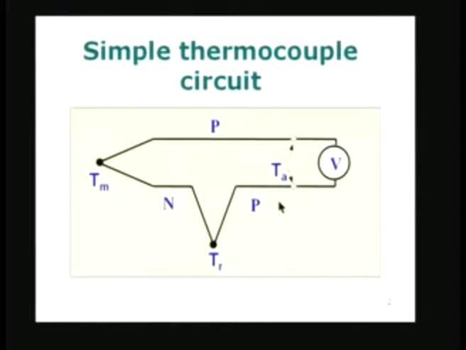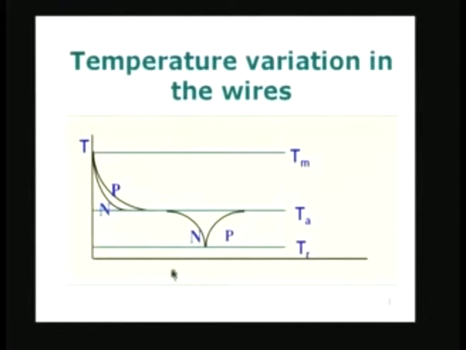So, this is the simple thermocouple circuit which one can think of to make the measurement of the temperature T m, with the reference temperature being given as the ice point or 0 degrees Celsius. In the next slide I am showing the nature of the temperature variations in the wires. In this particular problem, you remember there was the measuring junction at T m, the reference junction at T r, and there were also the 2 junctions which were formed by connecting it to the voltmeter.